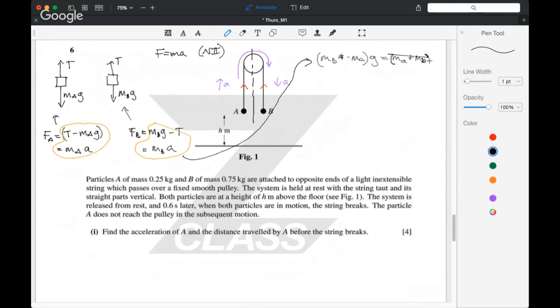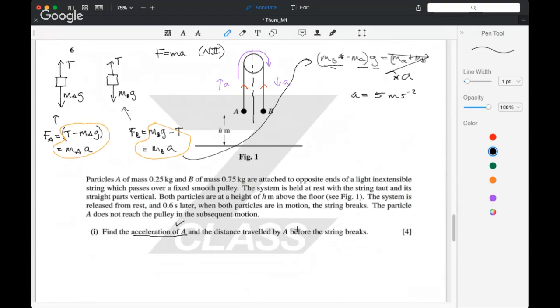Forgive that, I don't know what's going on there. Anyway, you know what I'm saying. We know mB, we know mA, we know g. We can solve for a, and we happen to get 5 meters per second squared. So that's the acceleration of A, and it also happens to be the acceleration of B.